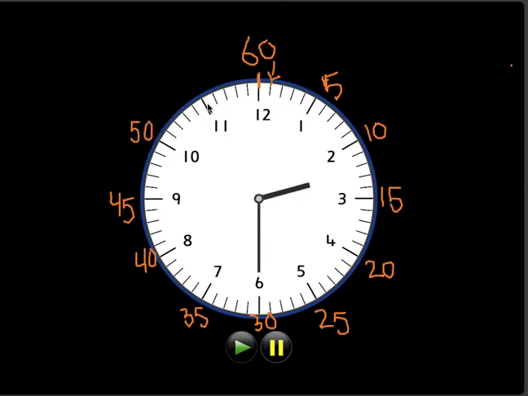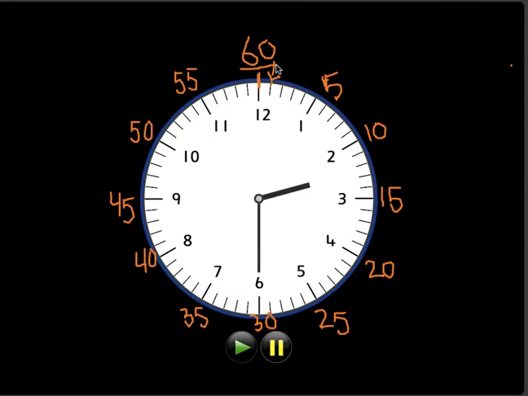What is 11 steps of 5? 55, because we're still just going up by 5. And then that would make this last number, what are 12 steps of 5? 60.